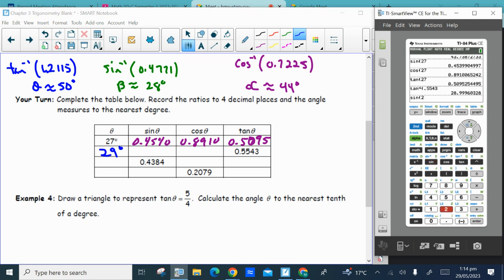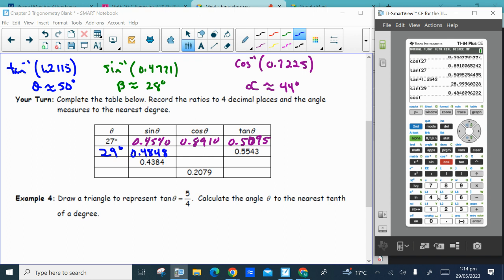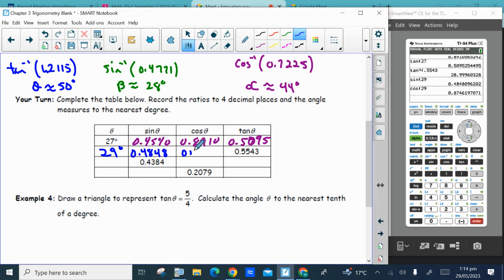The sine of 29 is 0.4848. And the cosine of 29 is 0.8746. So there's that row done.